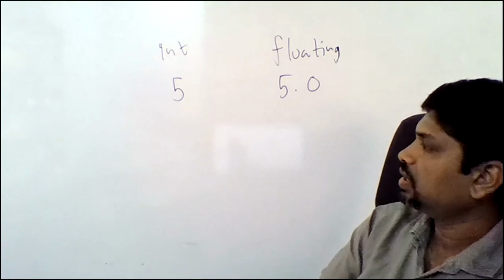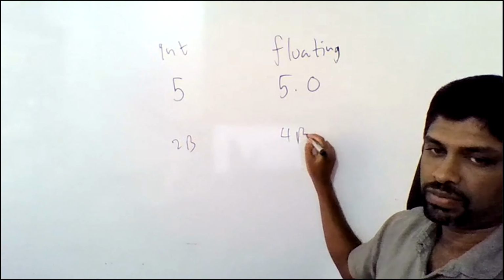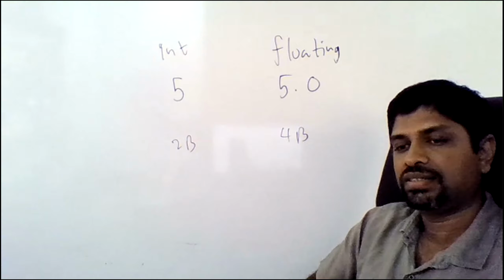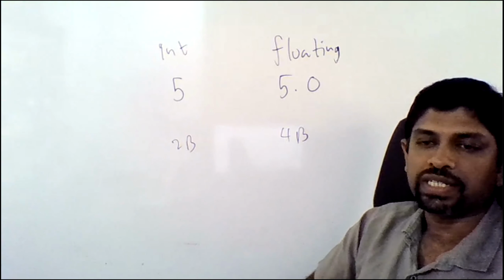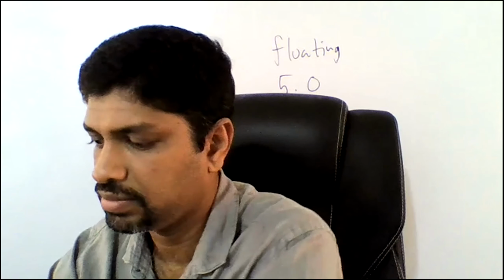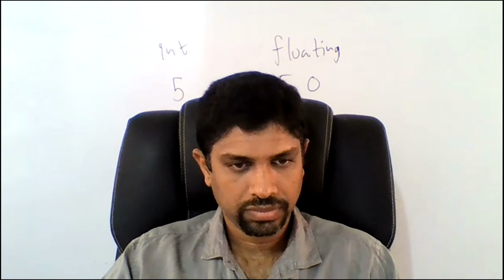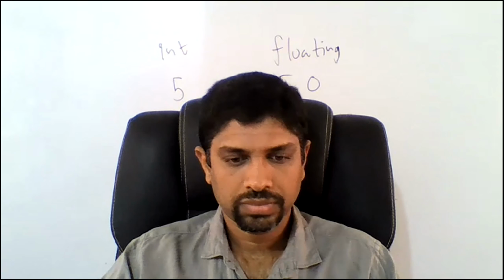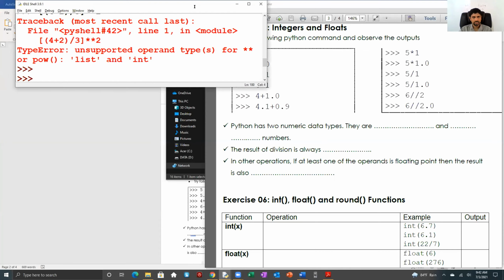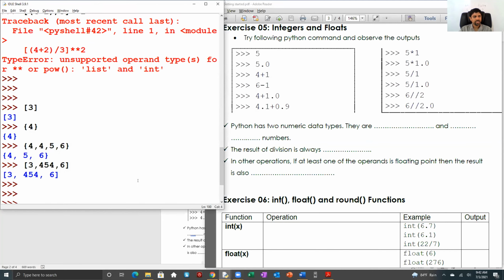Normally 2 bytes will be allocated for an integer. When it is a floating point number, twice of that, 4 bytes will be allocated, right? Okay, we will look at it.